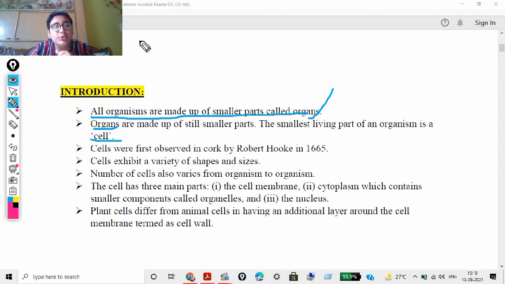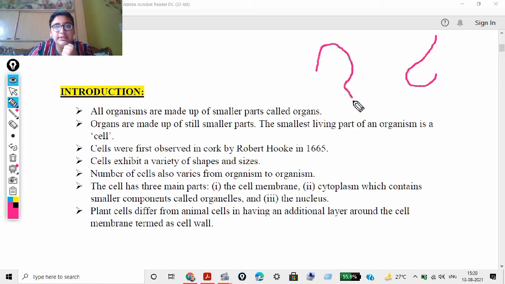So let me show you all with the help of a diagram. This is our nose, or take our ear. Okay, and I'll take black color. So there are spots, small cells in our whole organs.